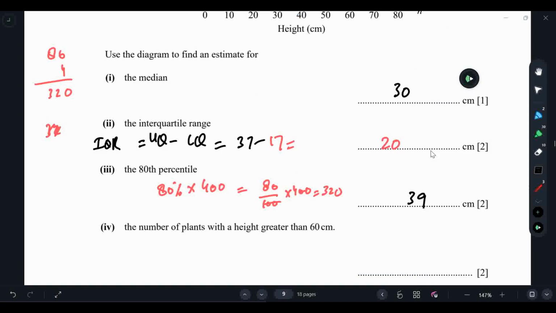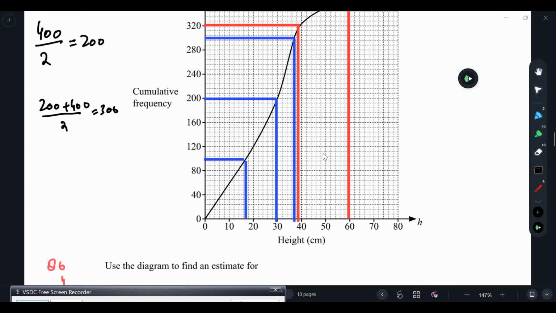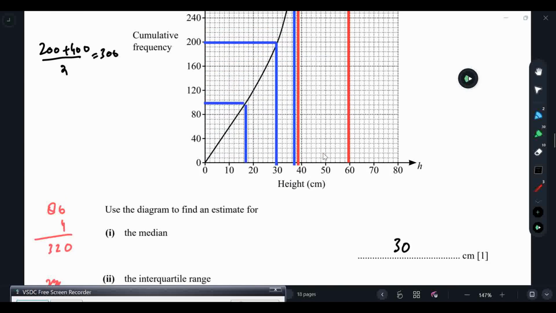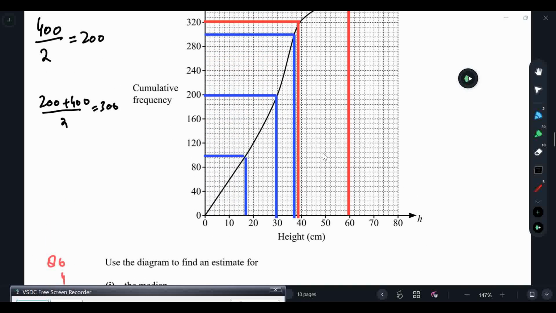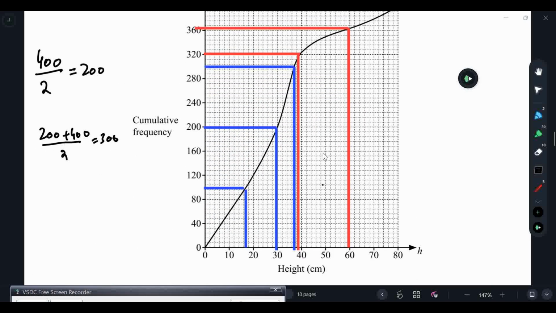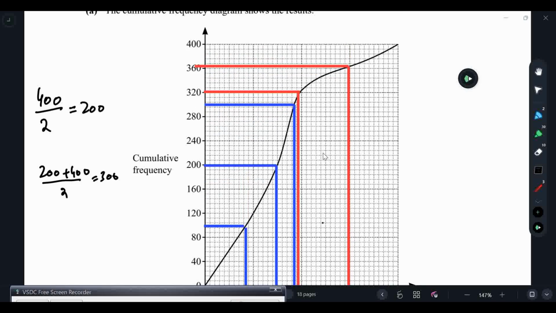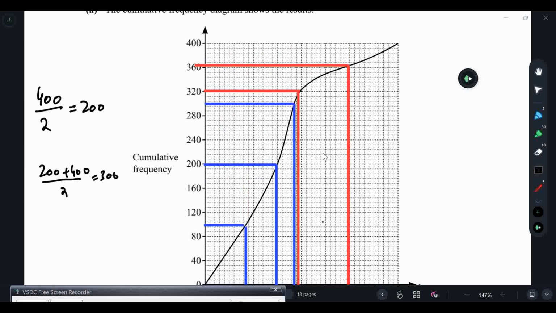Now let's see the number of plants with a height greater than 60 centimeters. We have to see the corresponding value at this point.